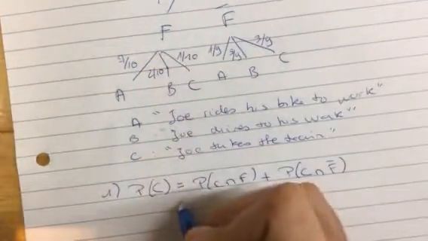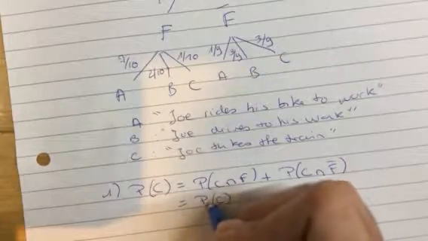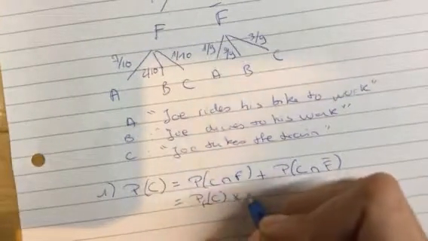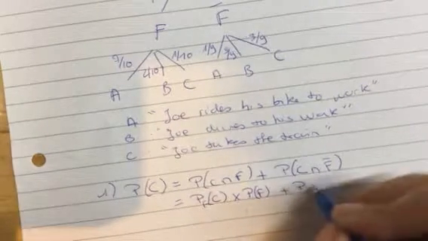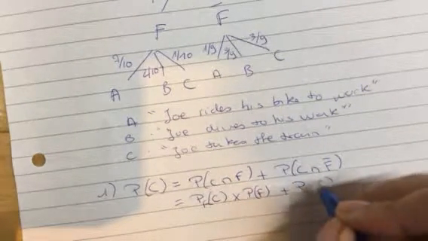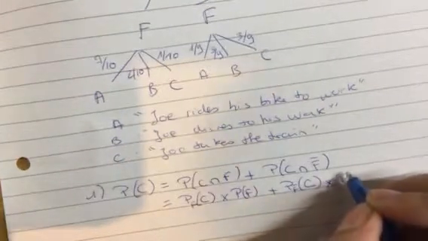Equals P of C knowing F times P of F plus P of C knowing F bar times P of F bar.